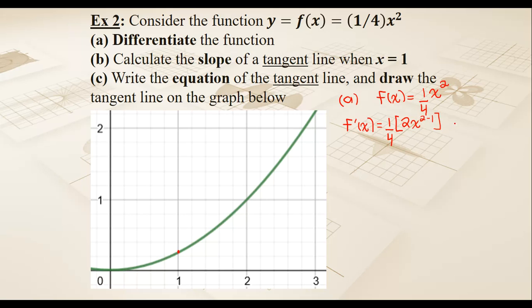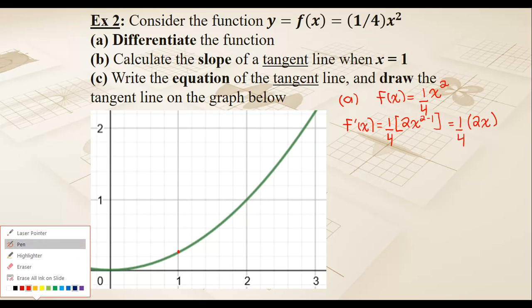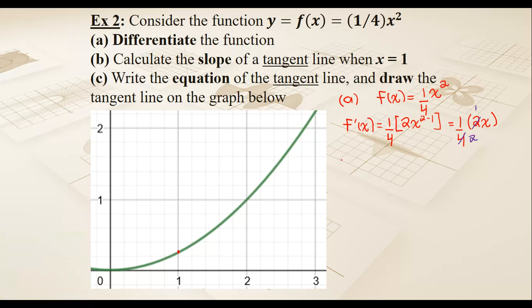And then this would give me 1/4 times 2 x to the power of 1, in which case we just write down x. And then this fraction can be reduced: 2/4 reduces to 1/2. Therefore, f prime of x would be equal to x divided by 2.